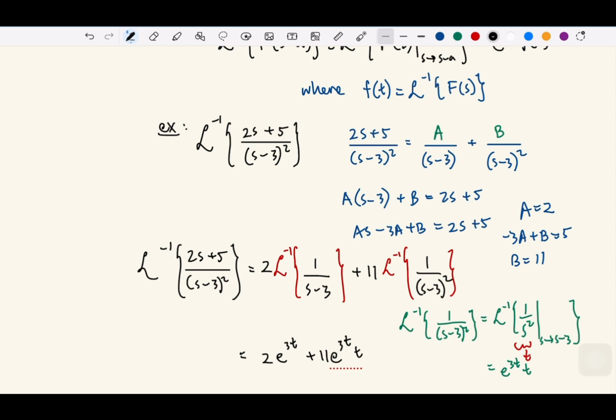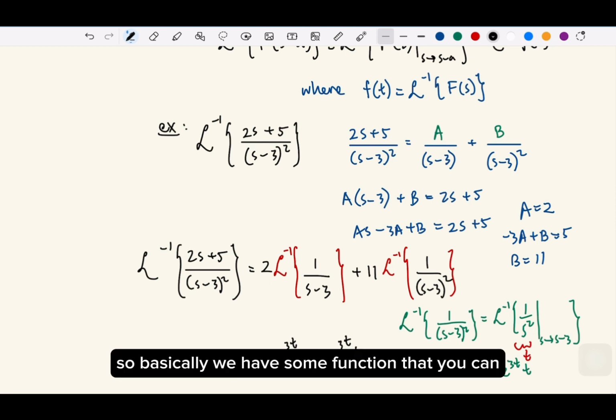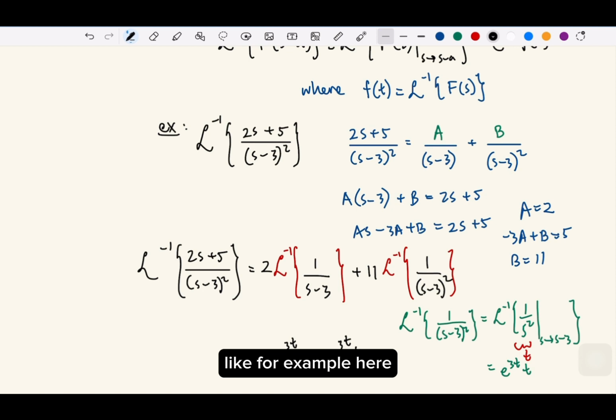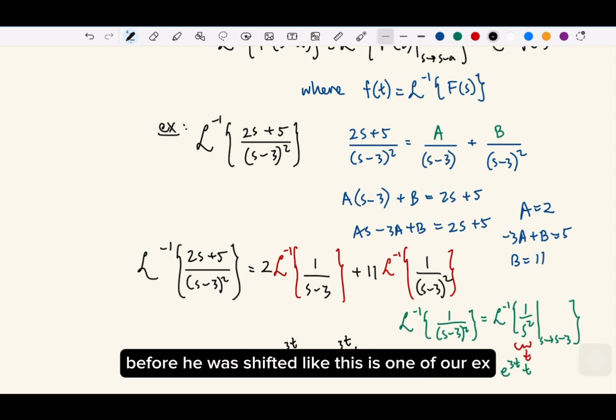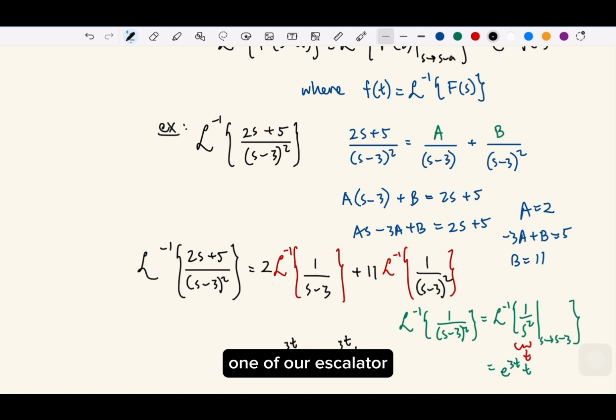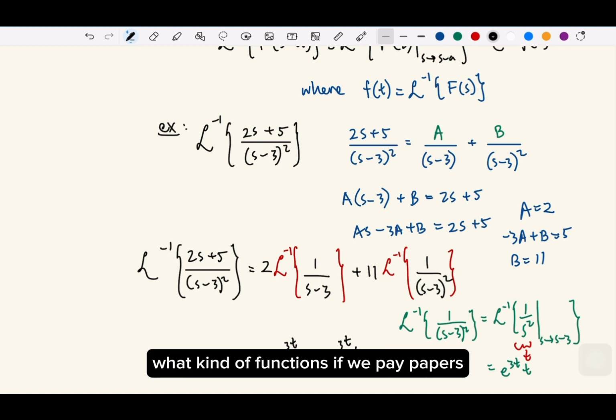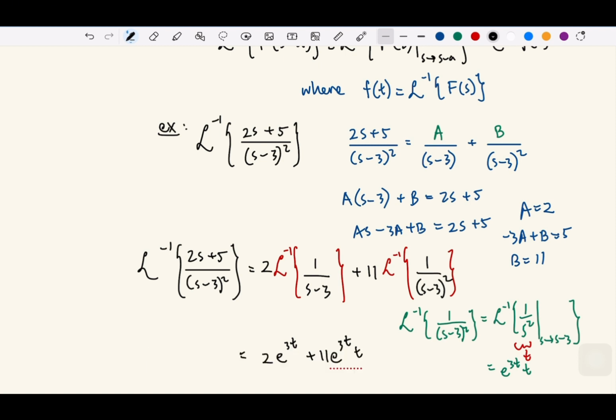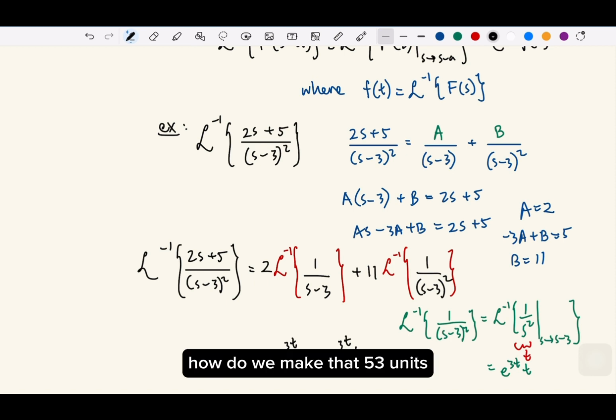Basically, if you have some function, for example here before it was shifted, this is 1 over s squared. What function do we get if we take the inverse? And then to shift it 3 units, we need to multiply with the e.